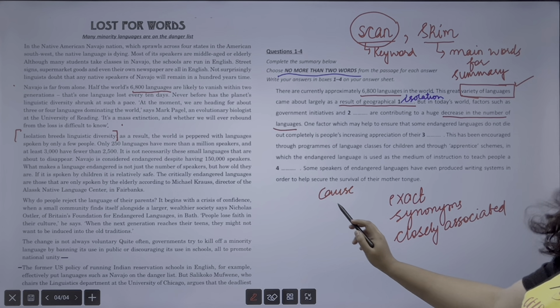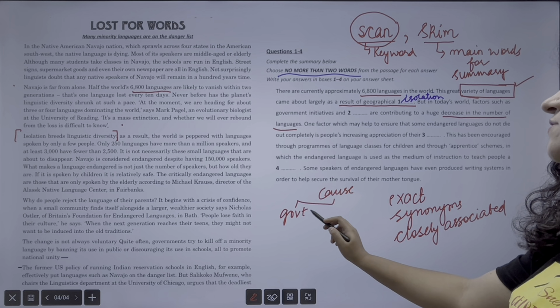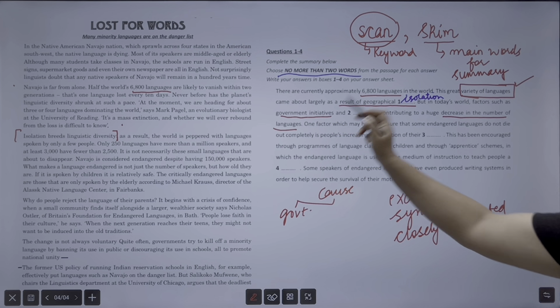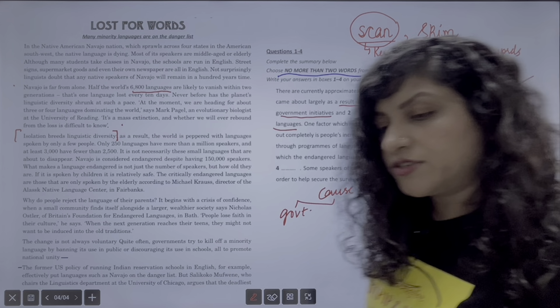One cause has already been given, and that is government initiatives. You see, one cause is already given. Factors such as government initiatives, and we have to look for the second cause. So this text must discuss 2 causes at least that contribute to decrease in the number of languages.